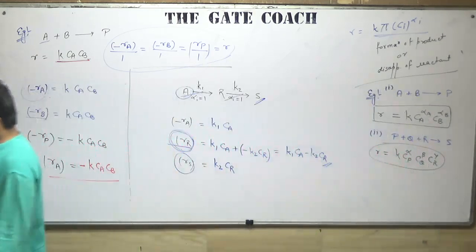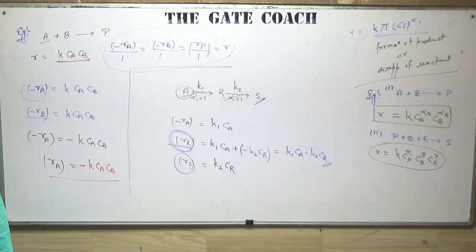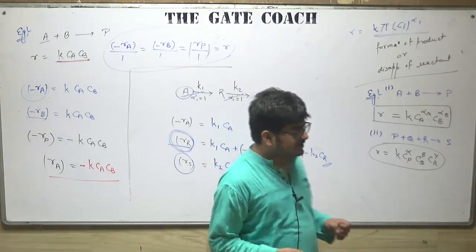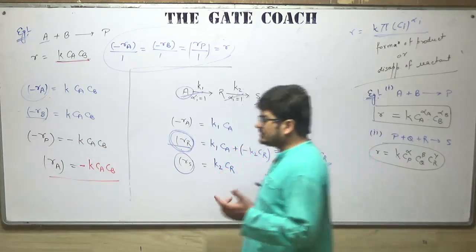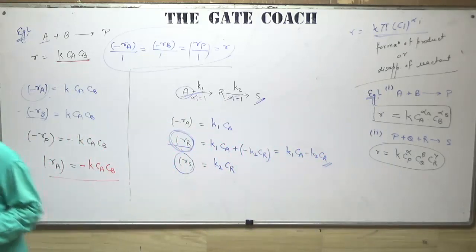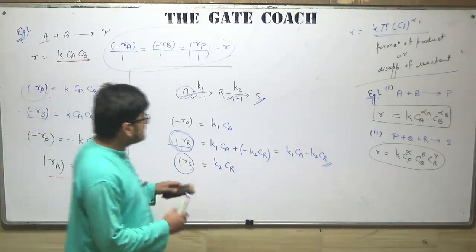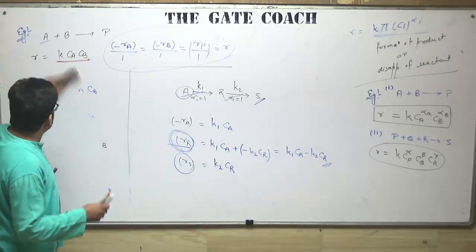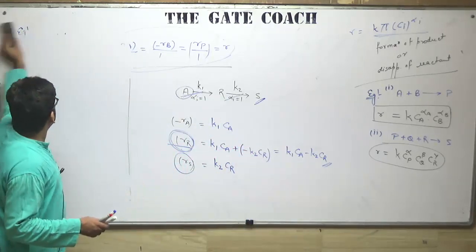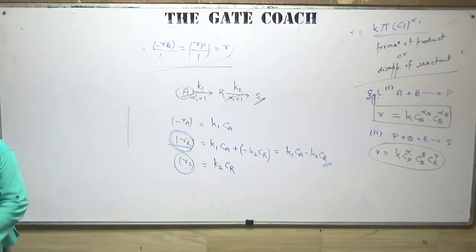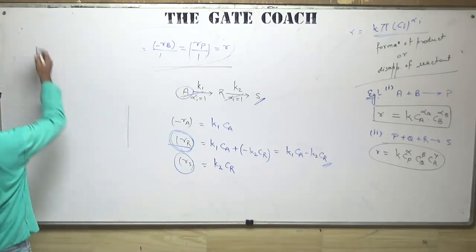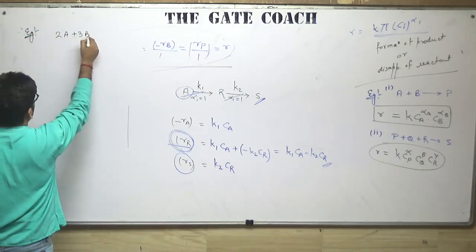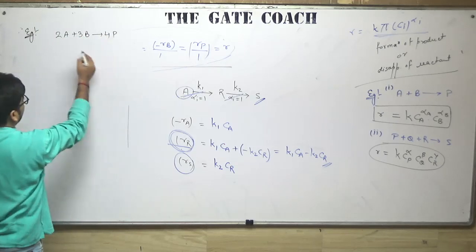So I hope now you can write down the rate equation for any chemical reaction. Okay. So this is the basic idea about the rate equation. And one more thing. Remember guys, suppose I have a chemical reaction, 2A plus 3B gives 4P.